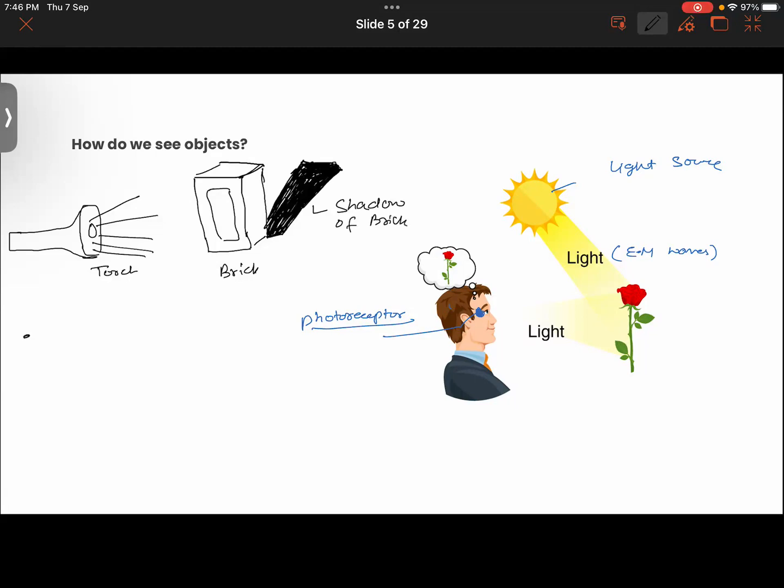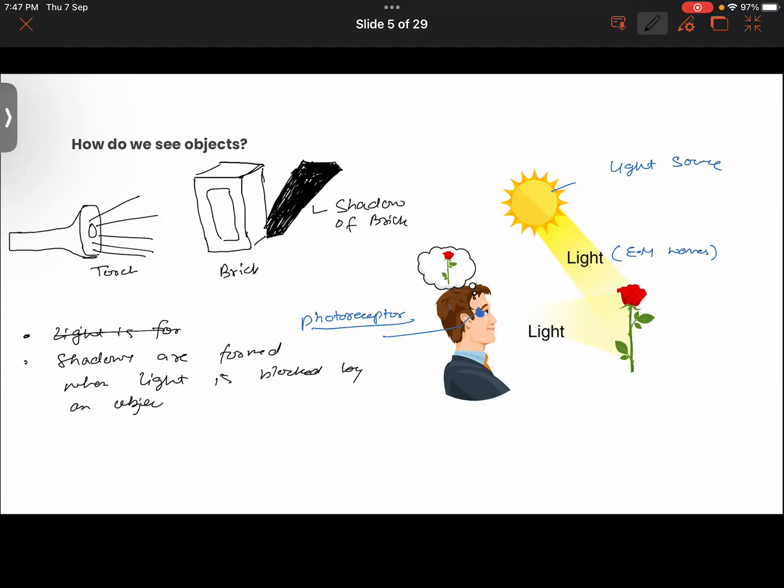So we say that shadows are formed when light is blocked by an object.